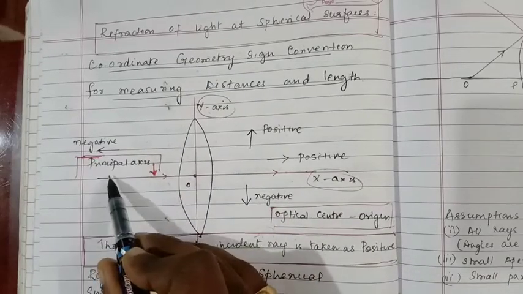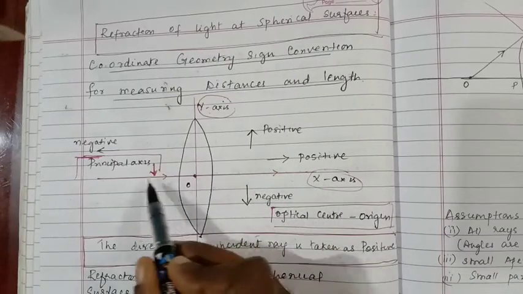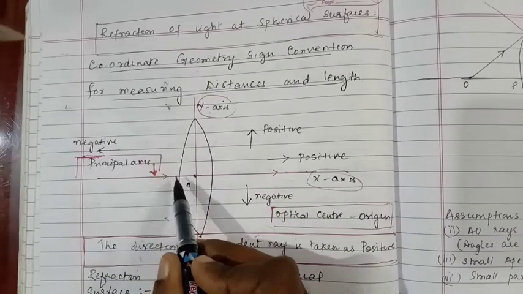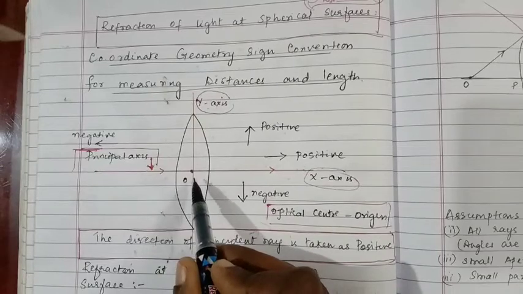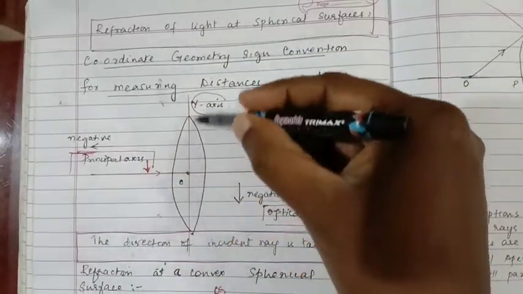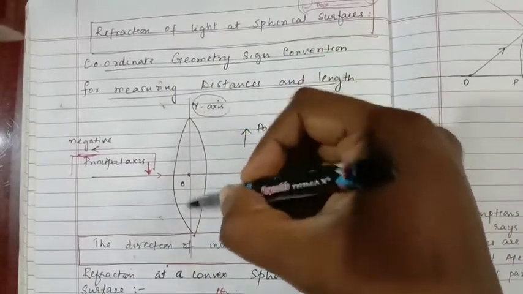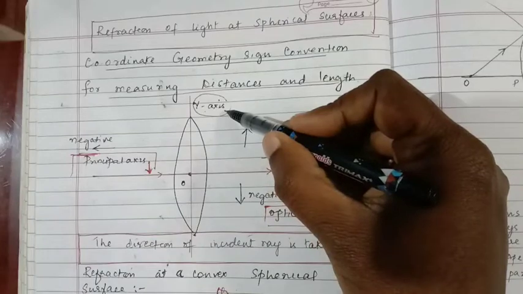The principal axis of the lens is the x-axis. Again, a line passing through the optical center and perpendicular to the principal axis will be our y-axis.